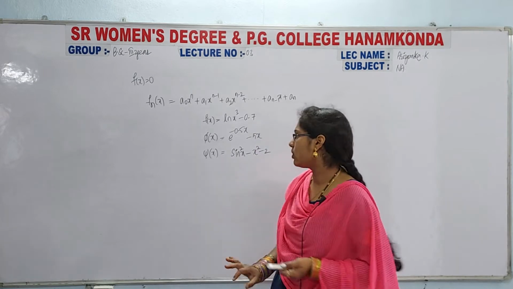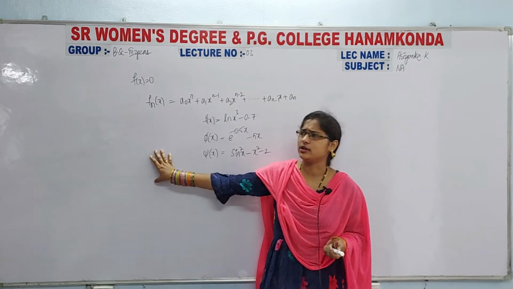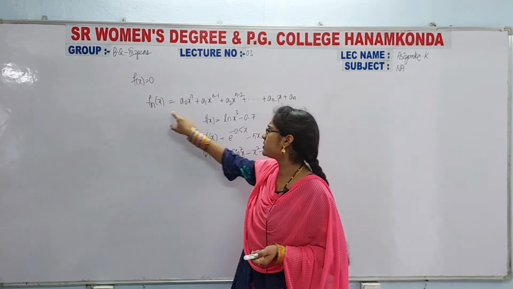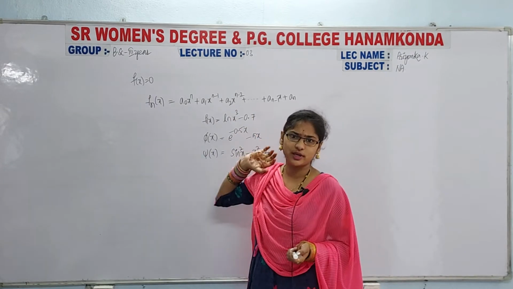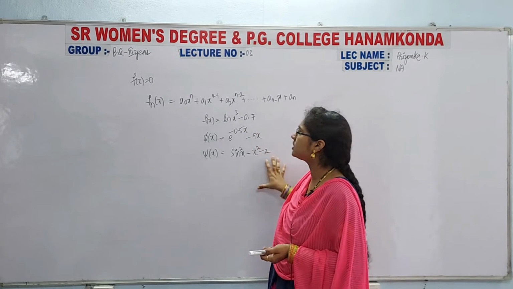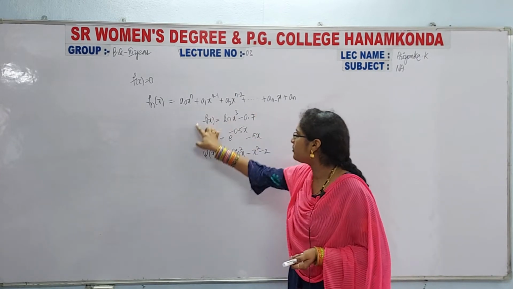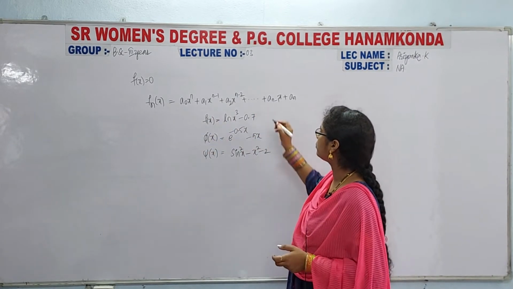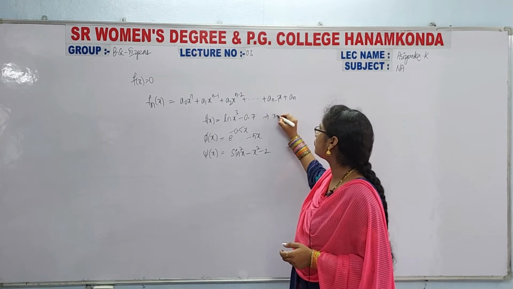What they are saying is that whatever the function value, sometimes it is equal to 0, and here they are taking some functions, and for these functions we have to find the values of x.